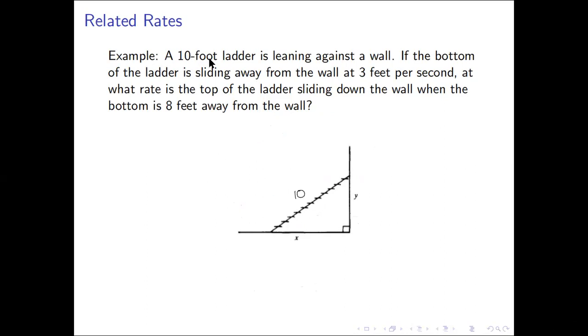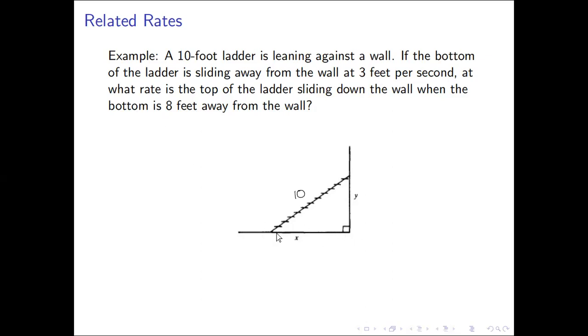It's 10 feet, but you are given this rate of change. The ladder is sliding away from the wall at 3 feet per second. So what is that? The rate of change of x. So that's dx/dt. That's 3. What else is given? The 8. 8 feet away from the wall, that's the bottom.